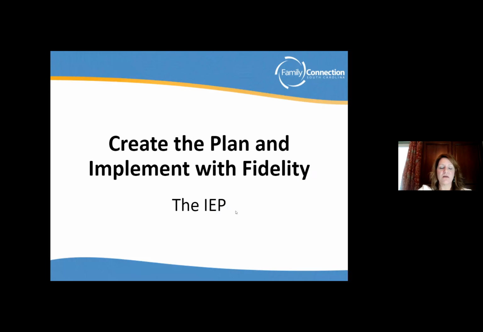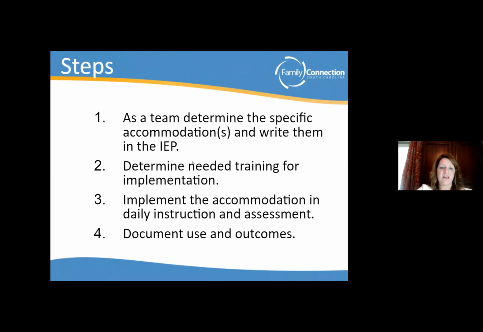So next, let's talk about creating the plan and implementing with fidelity. Some steps here: number one, has the team determined the specific accommodations and written them in the IEP? Two, determining the need for training for implementation. If an accommodation is selected, you've got to train to make sure it'll be implemented correctly.